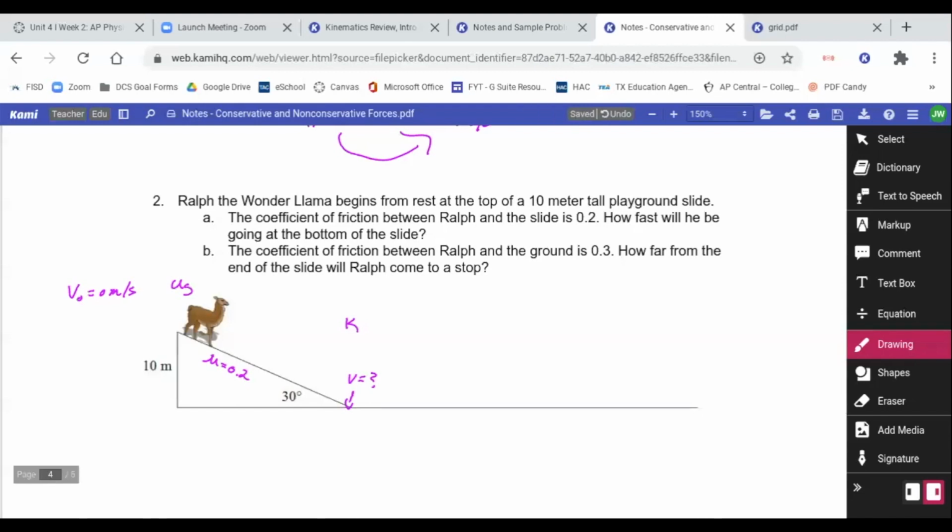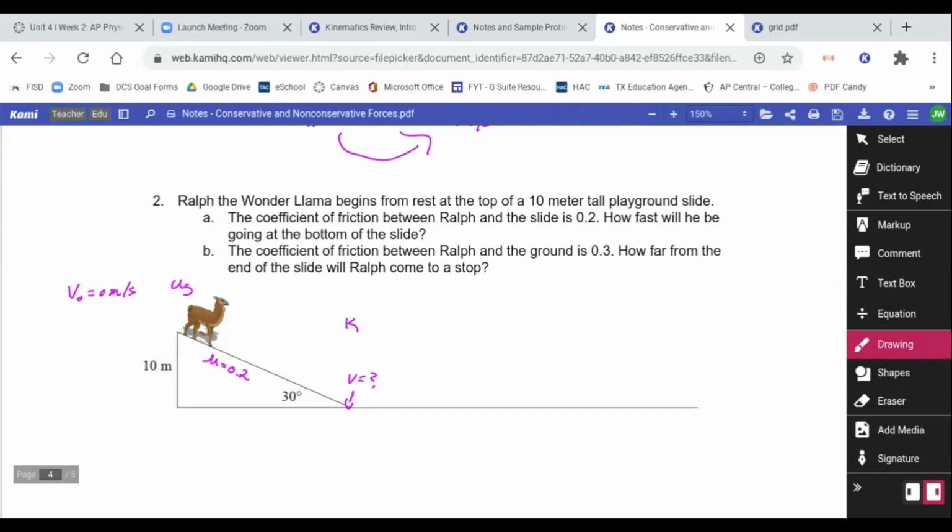I'm going to have a change of energy. I know that a change of energy is work. Work is force times displacement. The forces involved here: I've got gravity pulling me down, and I have friction resisting me.